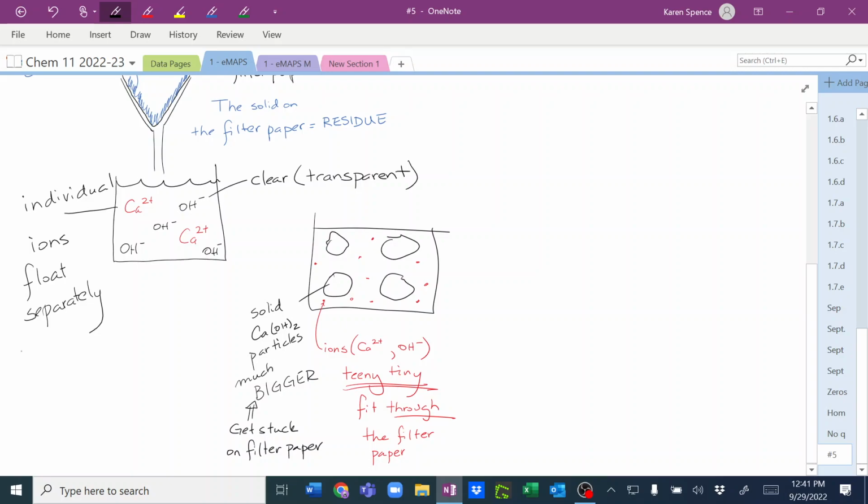No, they are too small to scatter light. And this clear liquid that comes through the filter paper is called the filtrate, okay?